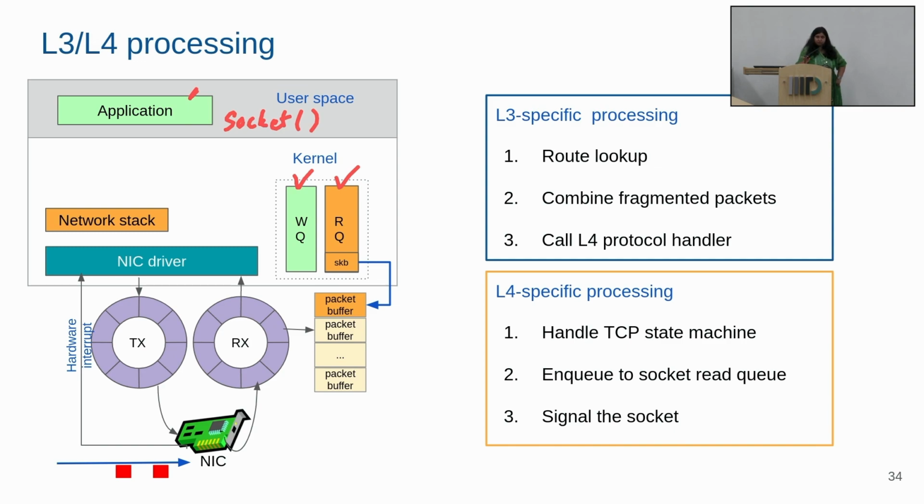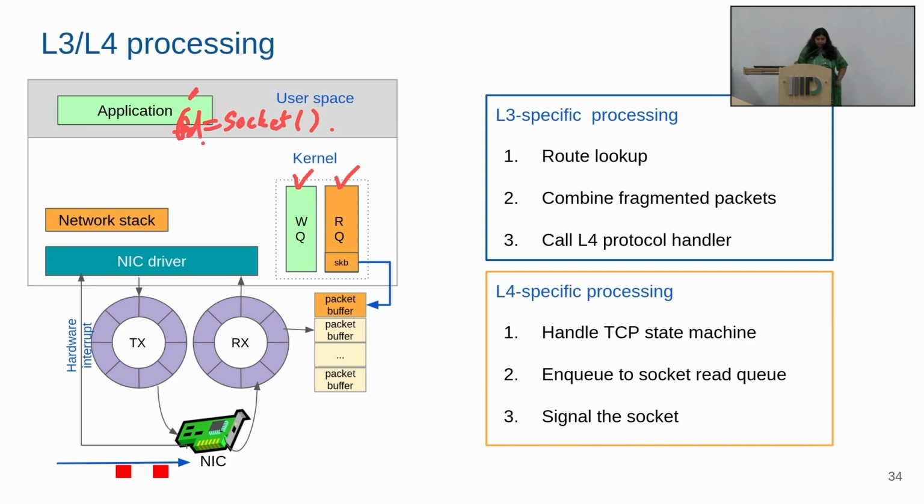There are more than these, but right now I'm only talking about 2 queues, a write queue and a read queue. For every socket you create, there is a write and a read queue, and a descriptor is passed back. Whenever you want to refer to the queues of that particular socket, you use that descriptor, which is returned when you create a socket. So your sock FD is this one.